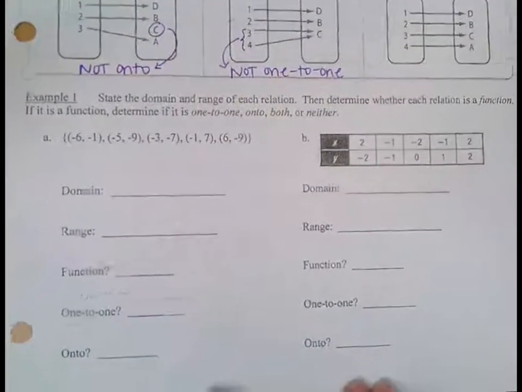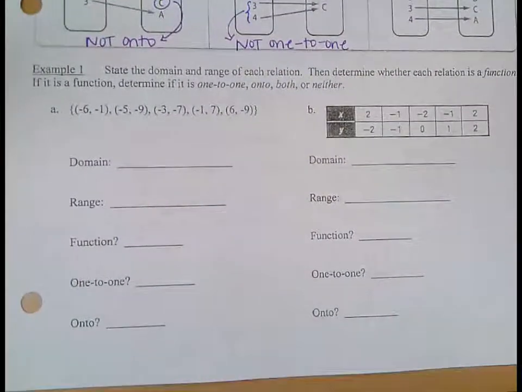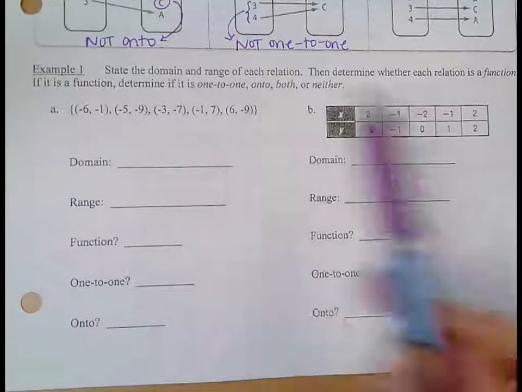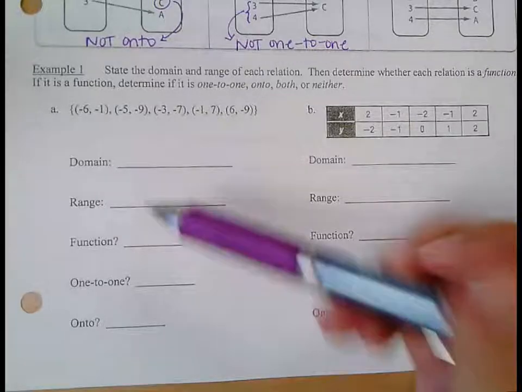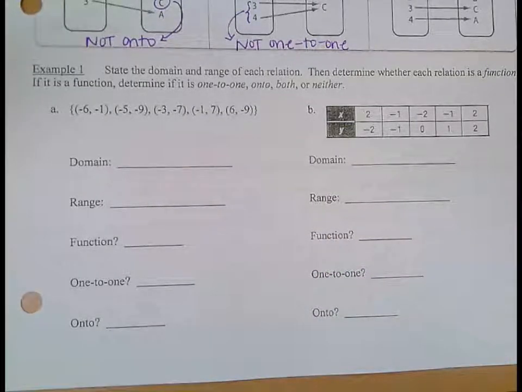So under example 1, there's actually 4 examples. Relations can be represented as just a set of ordered pairs, as a table. It does continue on to the next page. So there's a graph example and there is a mapping example. So I included different representations of relations, and then obviously answering the questions, they're all a little bit different.